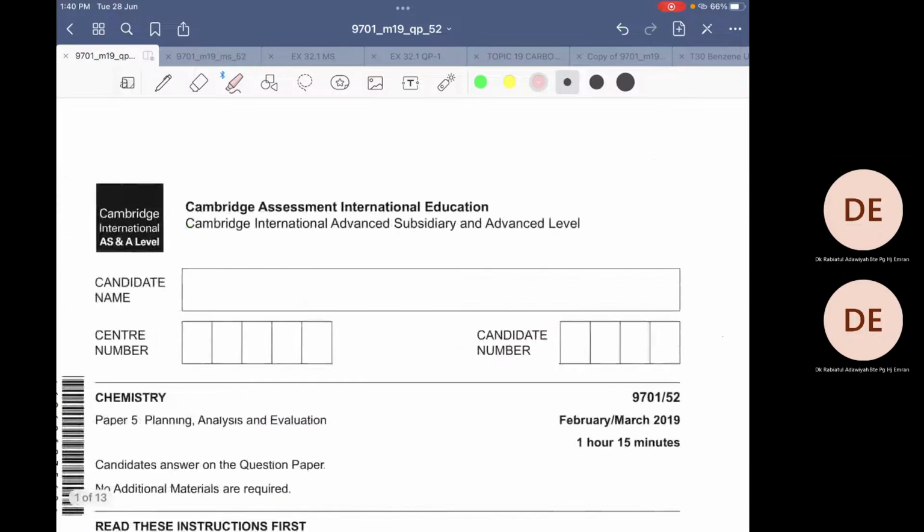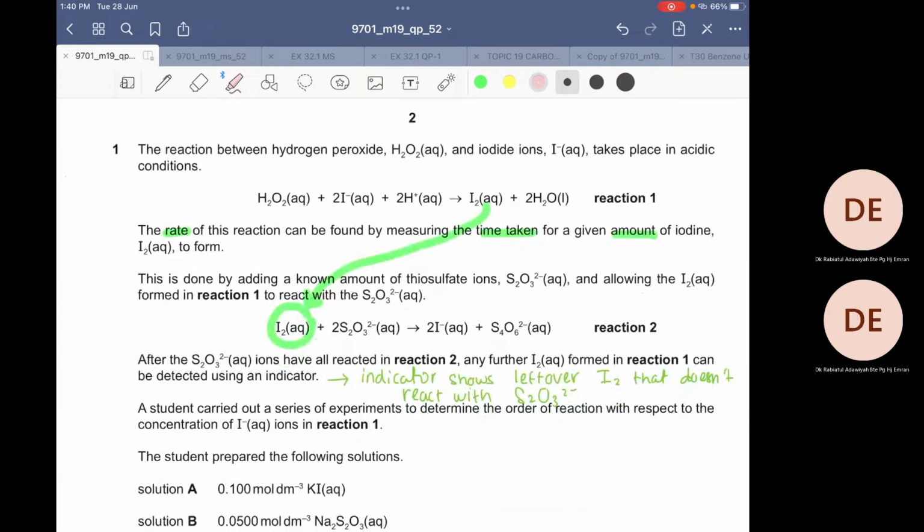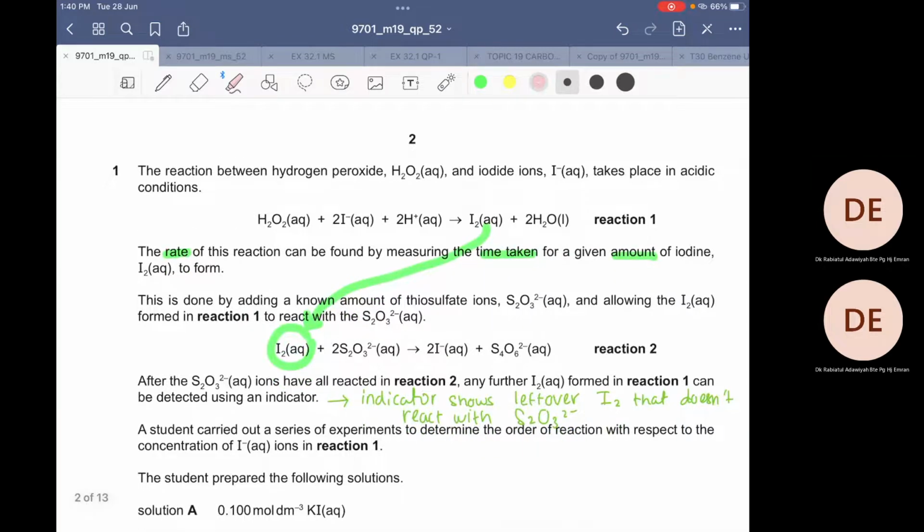Let me just explain to you again for those of you who were not here just now. What happens during this reaction is hydrogen will react with iodide to form iodine. Okay, the moment that iodine is being formed, thiosulfate will react with it.